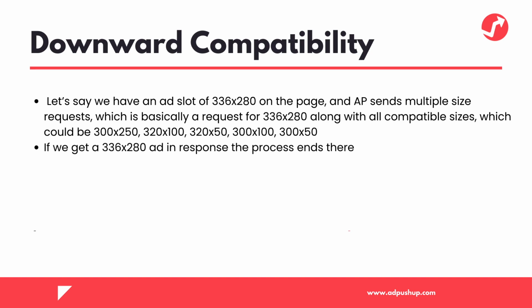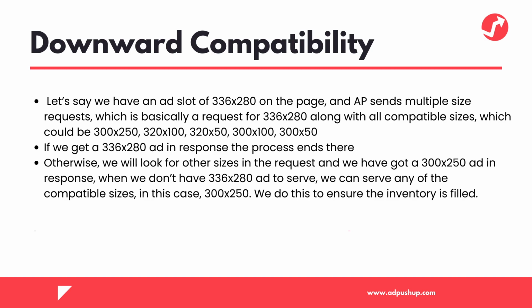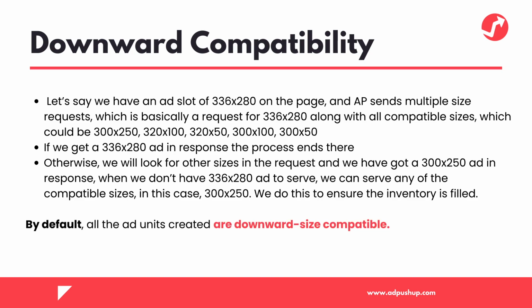If we get a 336 by 280 ad in response, the process just ends there. Otherwise, we will look for other sizes in the request, and if we have a 300 by 250 ad in response, but not the one that we were looking for, we will still serve any of the compatible sizes. We do this to ensure that the inventory is always filled, or at least as much as possible, and take into account that by default, all the ad units created are downward size compatible.